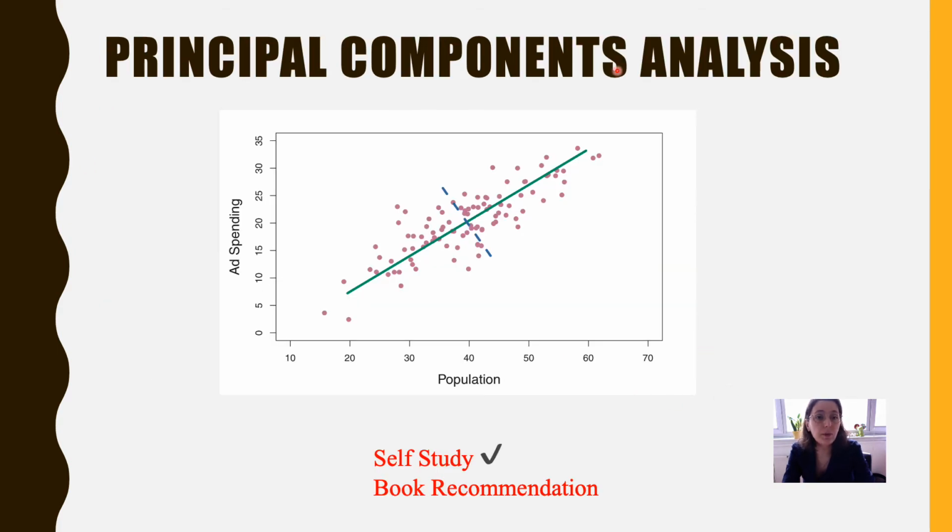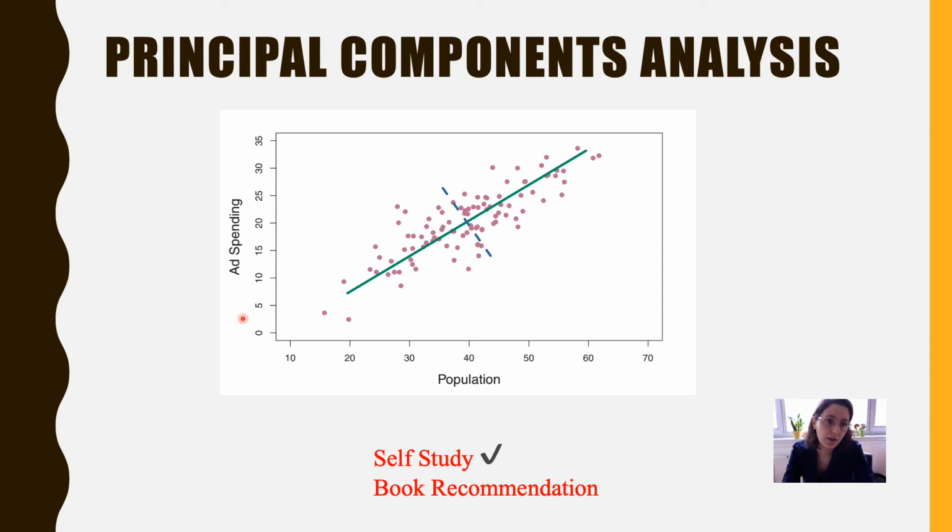Principal component analysis is one of the examples that we can use for dimension reduction. In this example, I just got this from the ISLR book, Introduction to Statistical Learning with R. You see that they are looking at population versus advertisement spending.